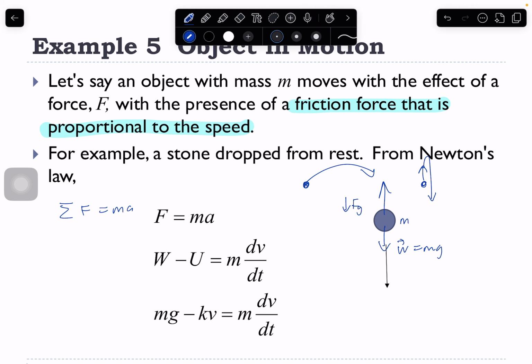Okay, so let's say you have to have a reference frame, just to make sure that your direction of all the forces is the same. That's why you have to have this reference frame.